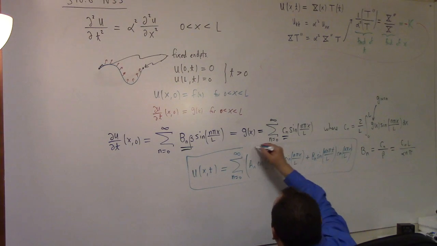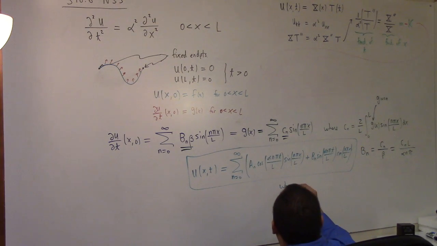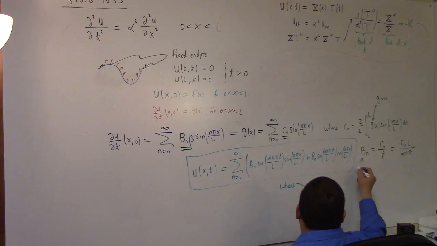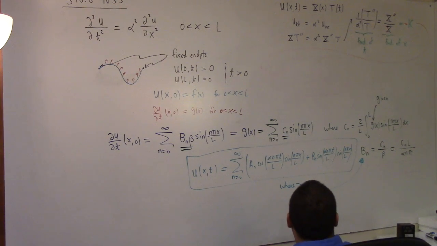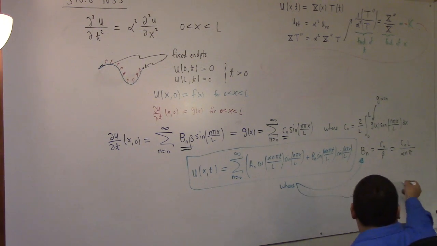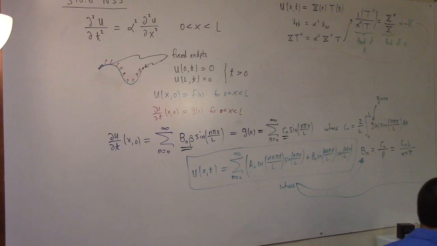Where b sub n is given like that, and a sub n is given like that.